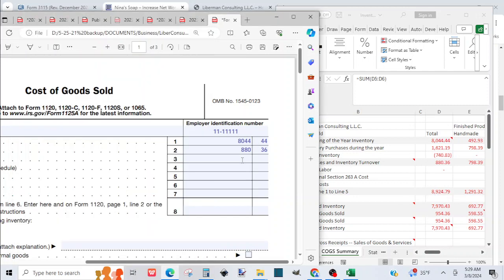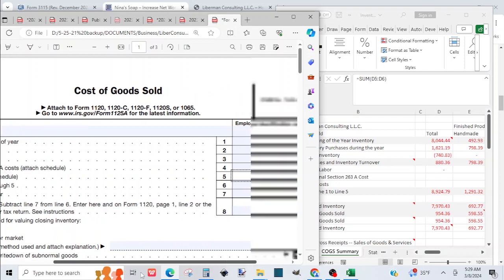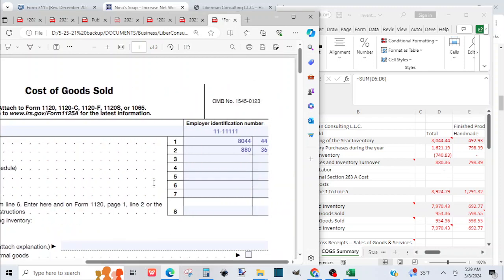So if we know the right line that we need to be on is line 6. A92479.